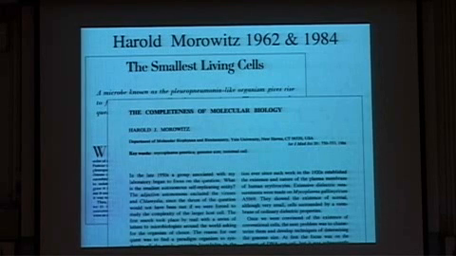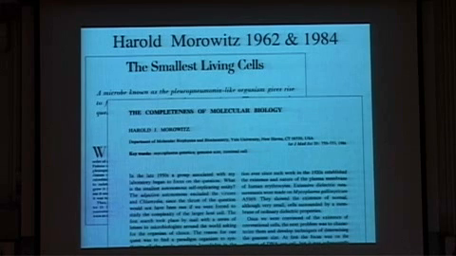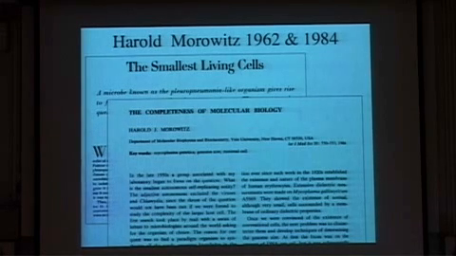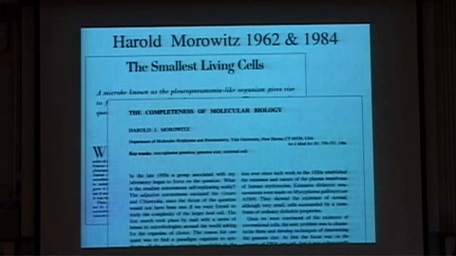I got excited about this by reading a paper by Harold Morowitz, the second paper, The Completeness of Molecular Biology. There's actually an unpublished manuscript that had an even better title: A Complete Understanding of Life. Written in '84, he pointed out that someday we were going to have a complete sequence for an organism.